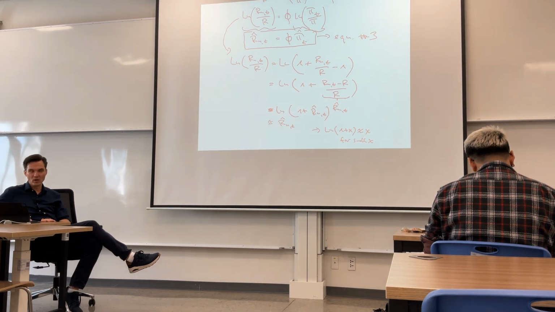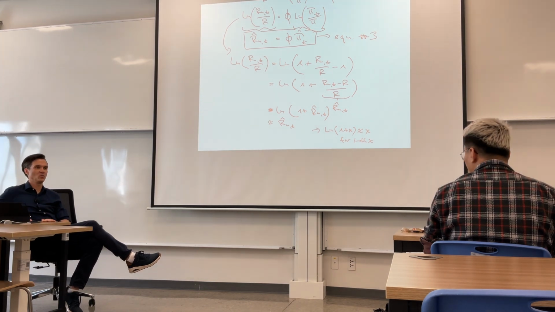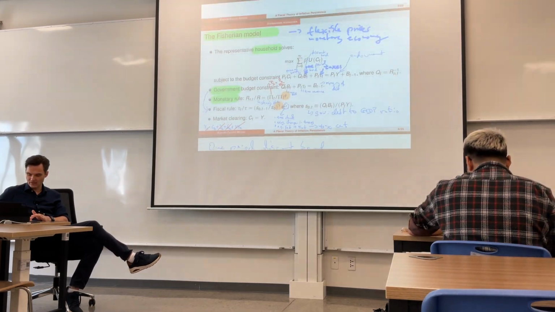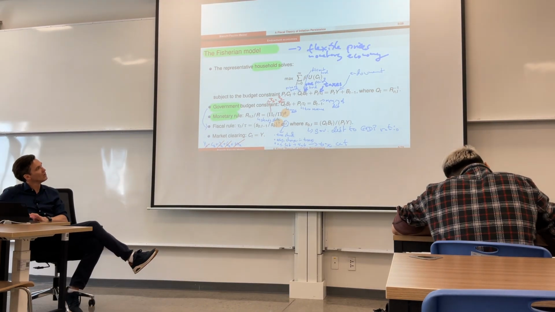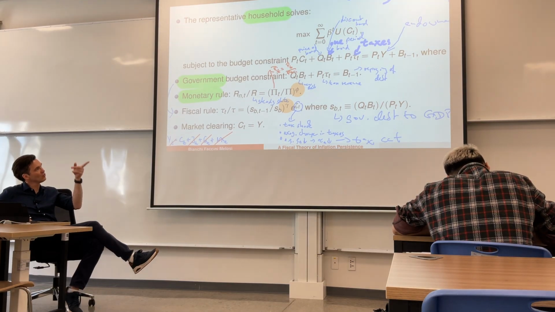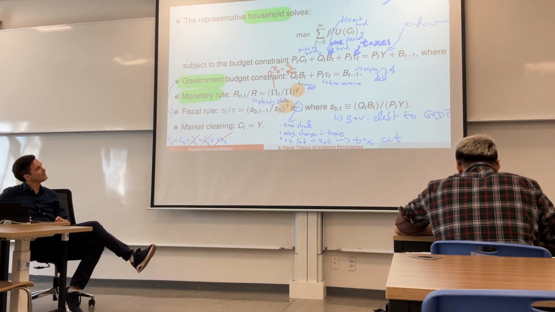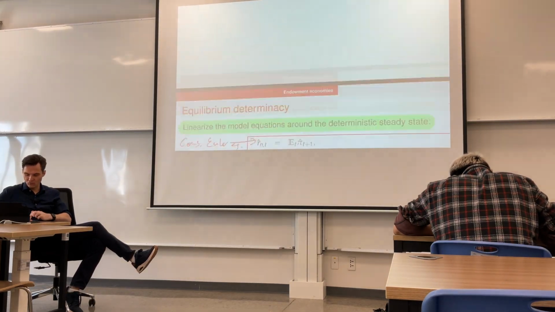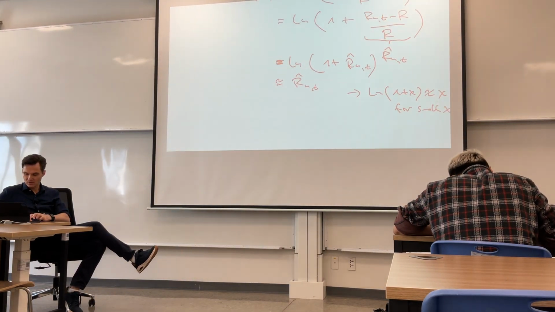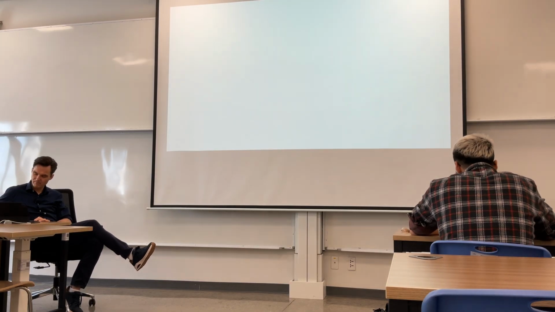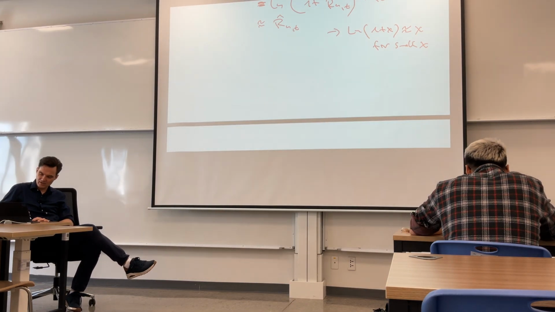So that was the easy one. Let's go for another easy one, and let's go to the fiscal rule. We're just going to first copy this fiscal rule, and we're going to do the same trick on it. So I'm going to copy the fiscal rule next.